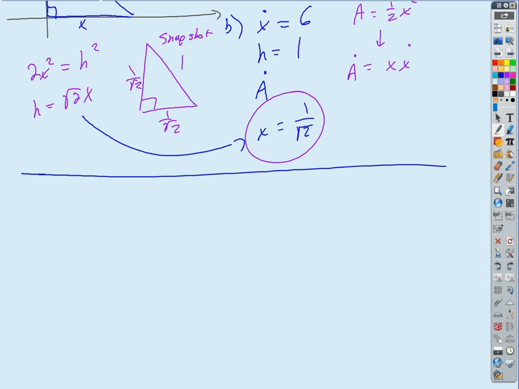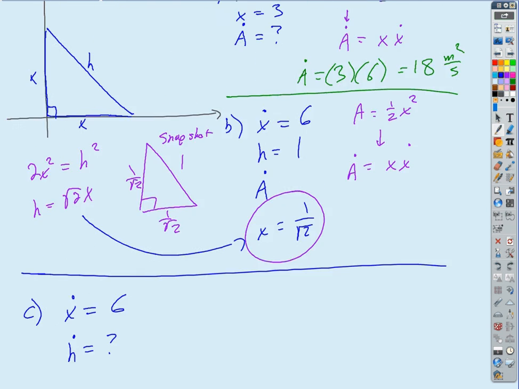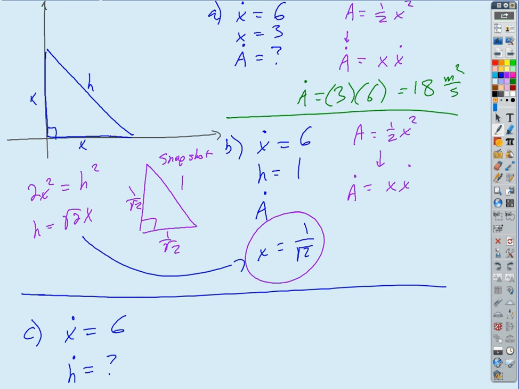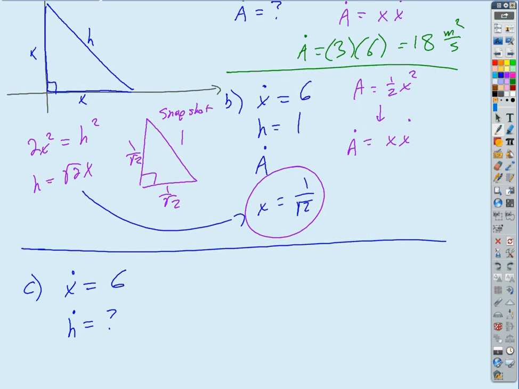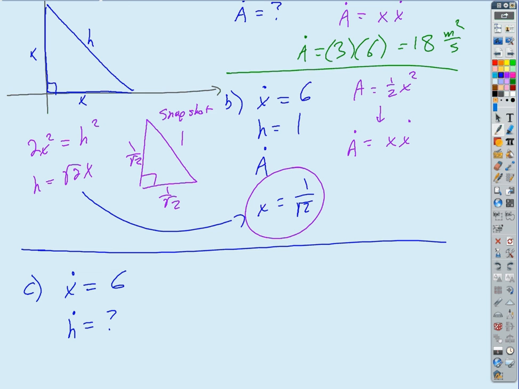So for part C, we still know that x dot equals 6, and that's all we're given, and we're just trying to find h dot, right? So what's our parent function going to be this time? 2x squared. This is the Pythagorean theorem, isn't it?